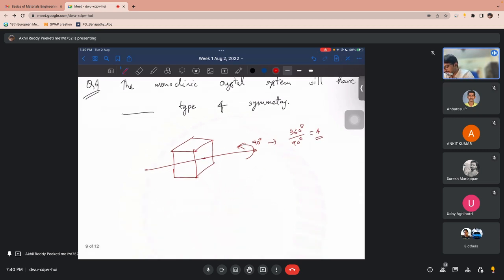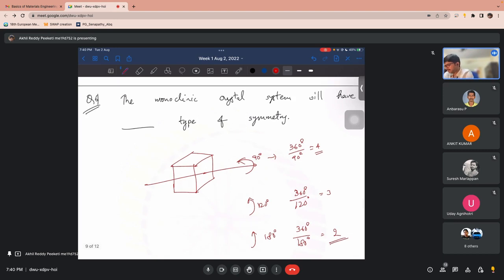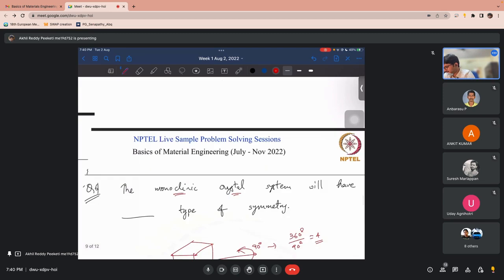But if you get a similar structure by rotation about 120 degrees, then it would be a threefold symmetry. But if you get it by rotation of 180 degrees, then it would be a twofold symmetry. So in the monoclinic crystal system, what kind of symmetry will it have?